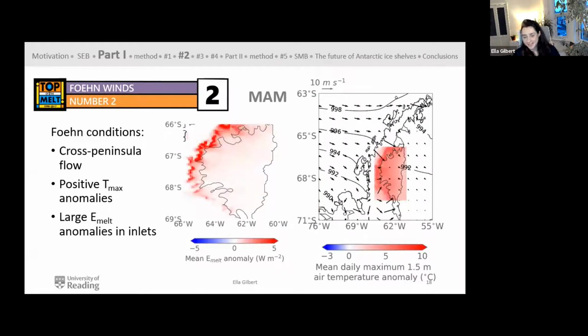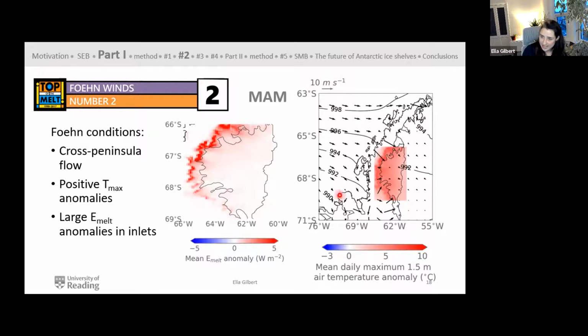So we're going to look at some composites. Here we're looking at March, April, May, which is, of course, autumn, and this is again some composited conditions. We can see very strong cross-peninsular flow, which is what we know causes those Fern winds, and it drives these very positive temperature anomalies.